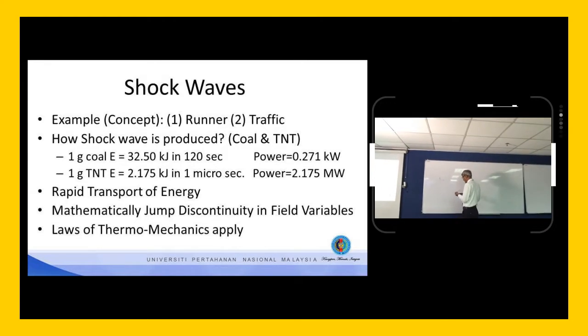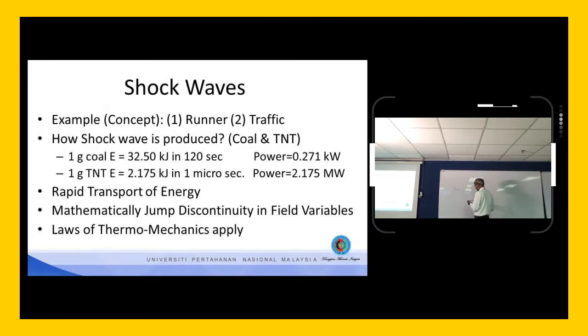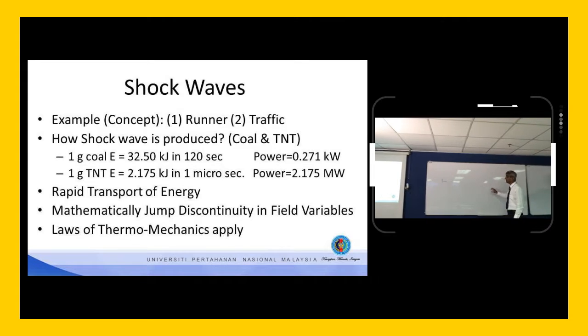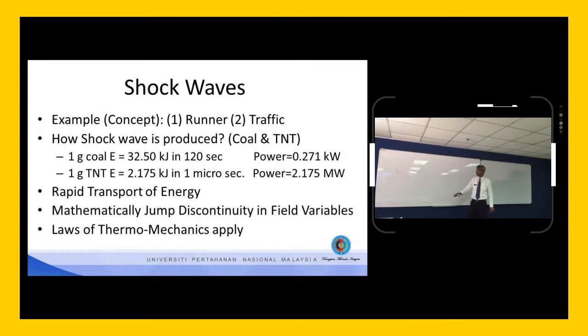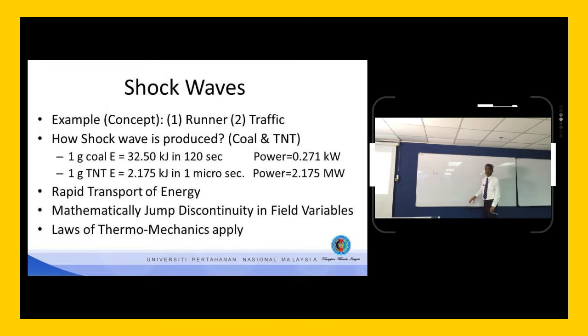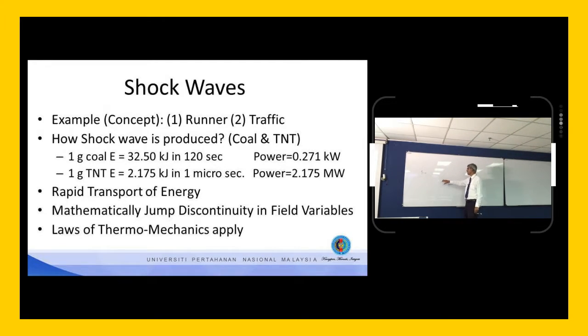So after some time, what would happen? After some time, you would see something like this, that the distance between the cadets is close and the others are still at the same location. So just think of this fast runner as a shock wave. When this fast runner touches them, they come closer to each other, maybe something like this.